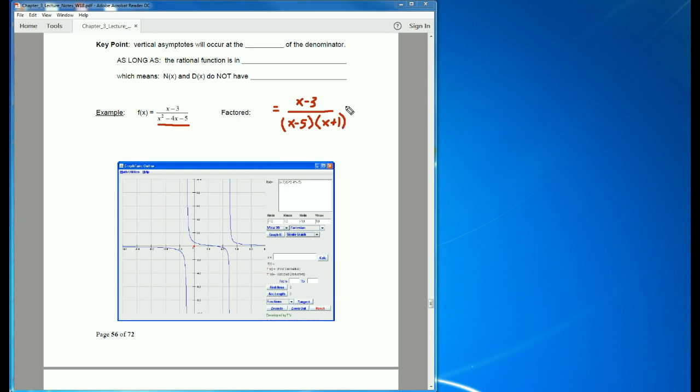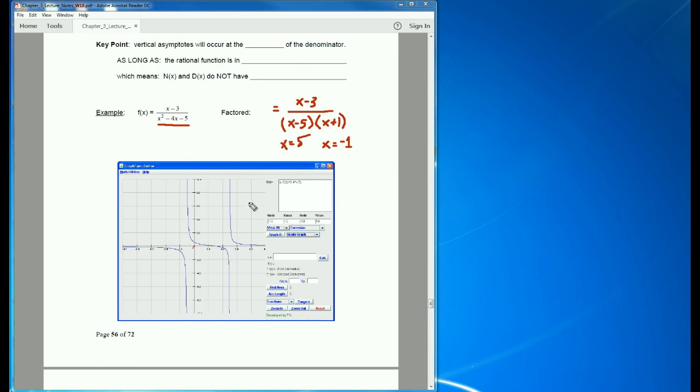So you can see there are no common factors. There's only one factor in the numerator, and it doesn't match either of the factors in the denominator. So there's nothing I can cancel. That means that this rational function is in lowest terms. Therefore, the vertical asymptotes will occur at the zeros of the denominator. So in other words, at x equals 5, or at x equals negative 1.